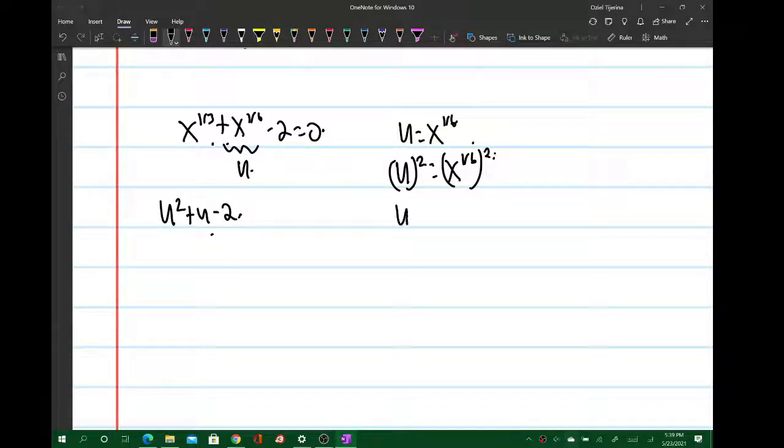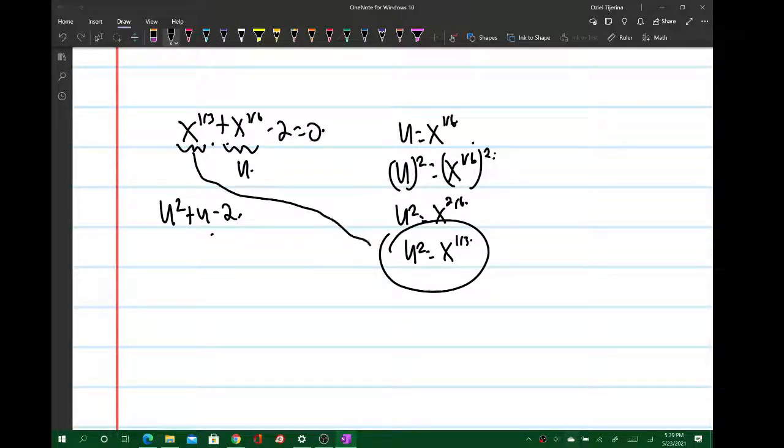This means that u squared equals x to the 2/6 power, which is u squared equals x to the 1/3 power. Now look at how this looks very similar to this, right?